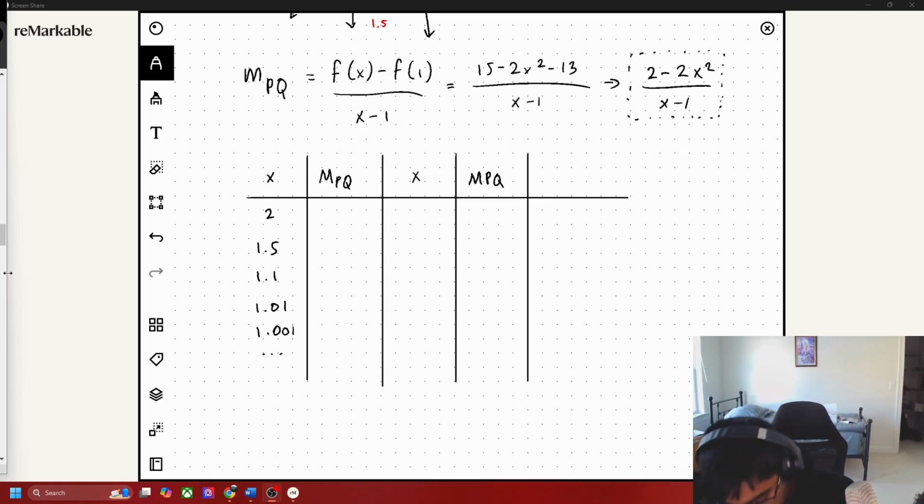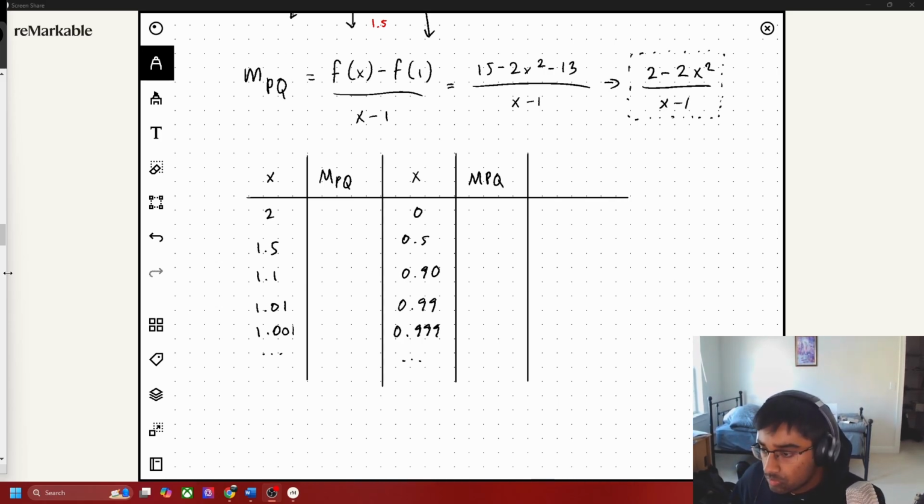You can plug in 0, and this time we're getting closer to 1, so the values have to increase. So 0, 0.5, for example, 0.9, 0.99, 0.999, and so on and so forth.